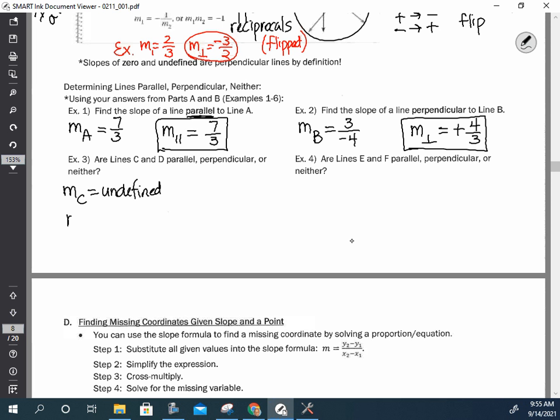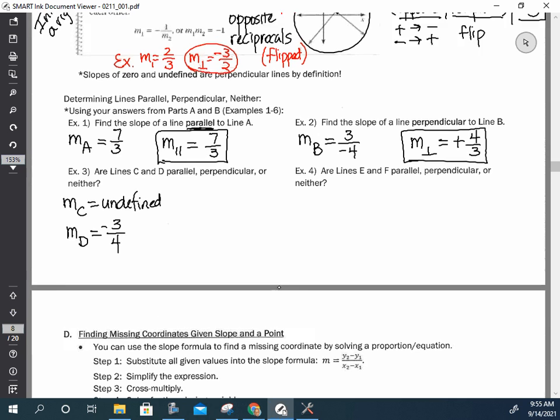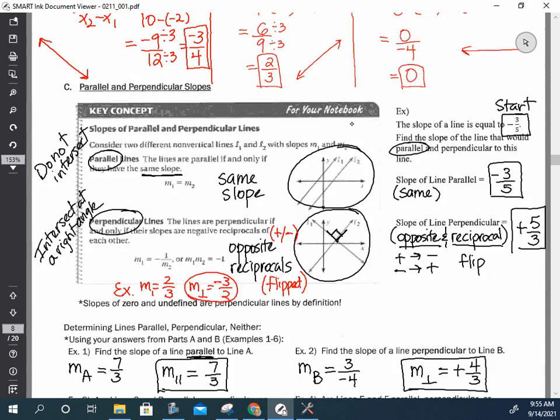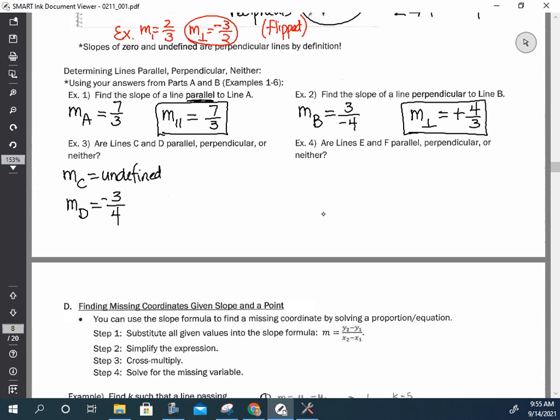The slope of line D was -3/4. Yes, -3/4. They're not parallel because they're not the same. So that's out.